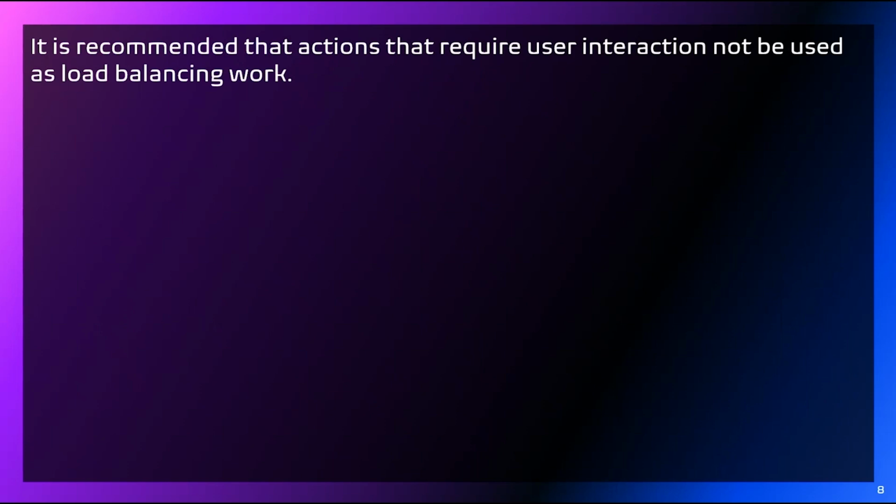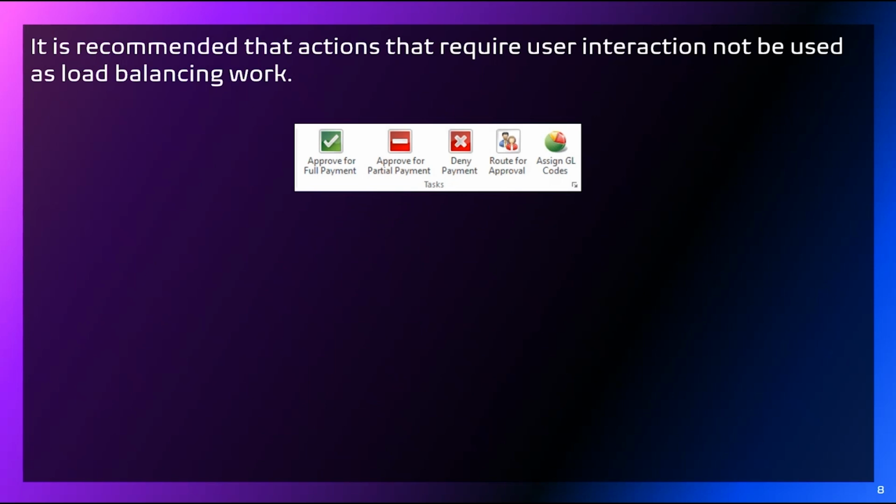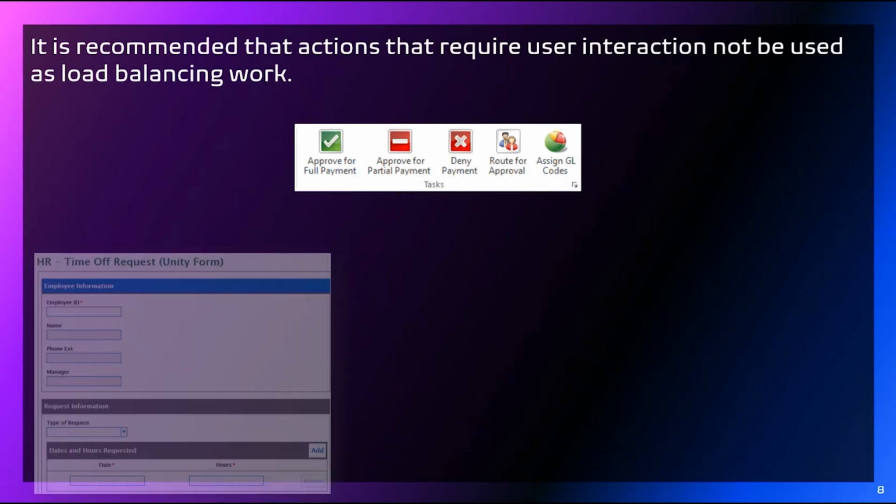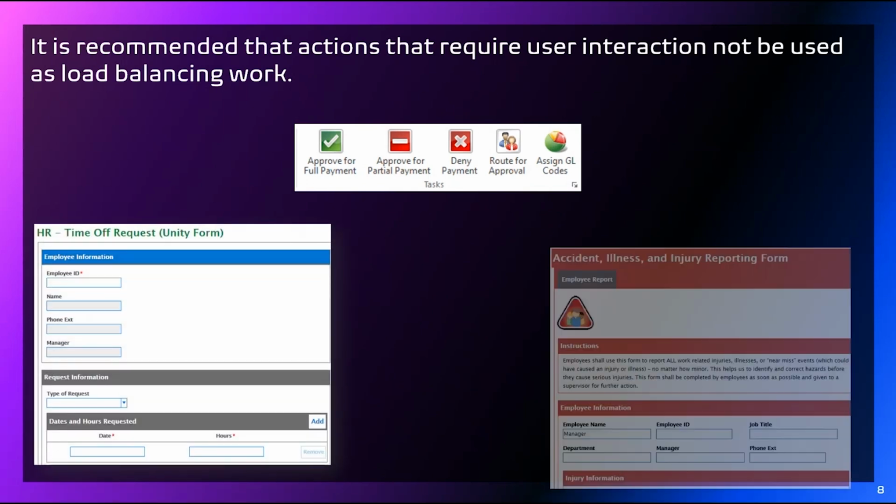It is recommended that actions that require user interaction not be used as load balancing work. Some examples of actions that require user interaction could be a few ad hoc tasks such as approve or deny requests, route for approval, or assigning GL codes, or some Unity forms that need to be filled out.